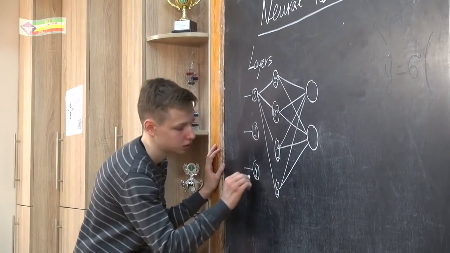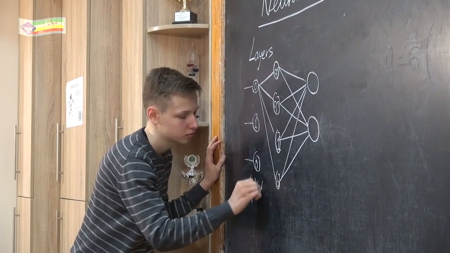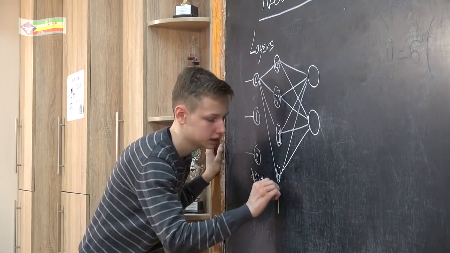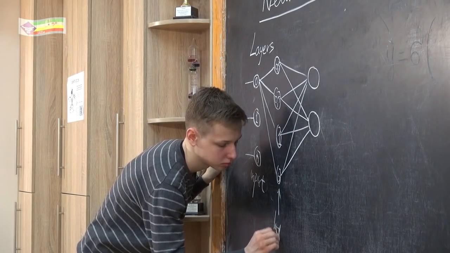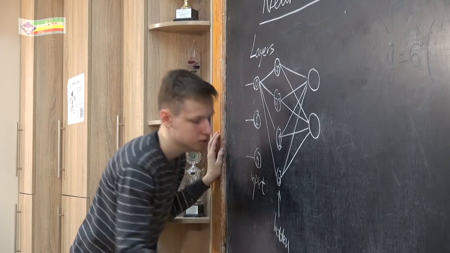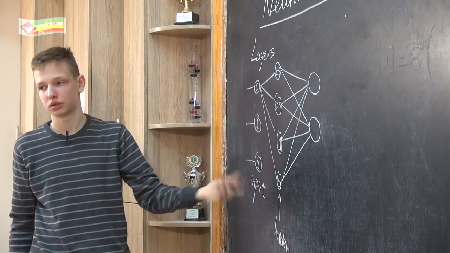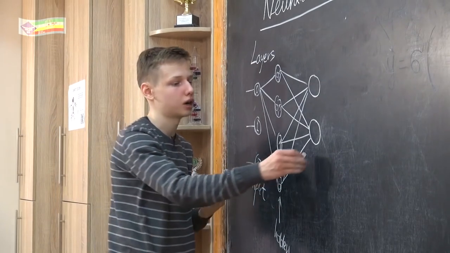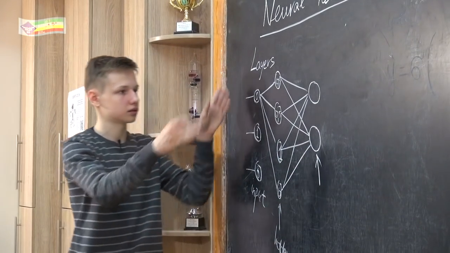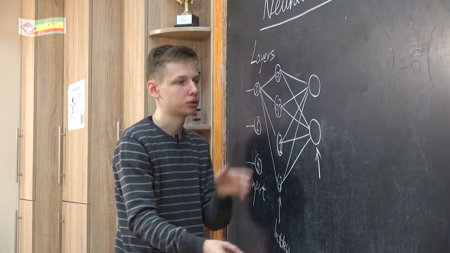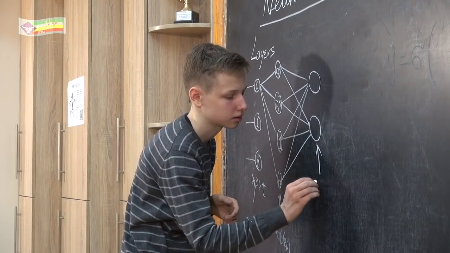So this one is called the input layer, and there you have only values. This is called the hidden layer, because we don't see these values. They are automatically processed by the computer, and then we get the output. If we are treating this system as a black box, we are not interested in these values. We are interested directly in this.